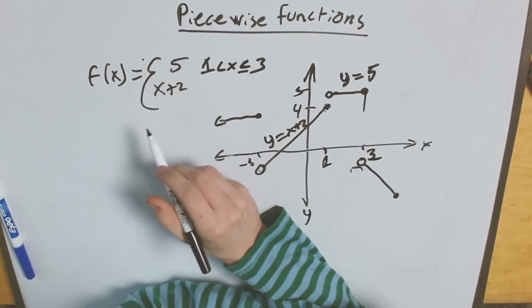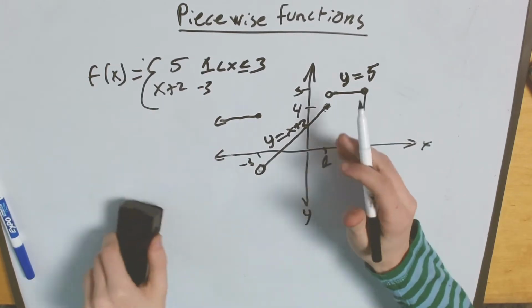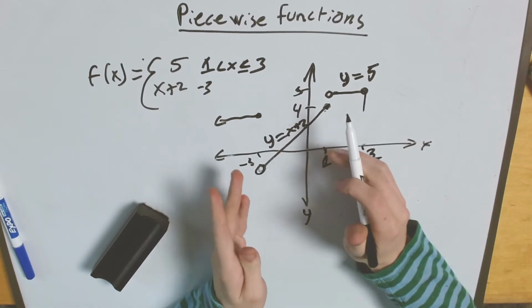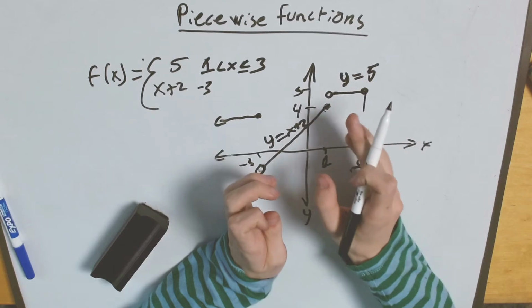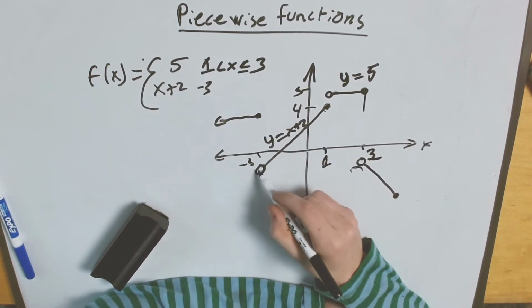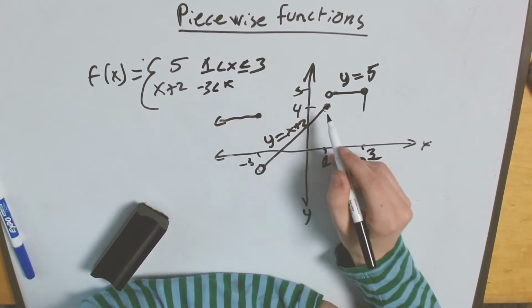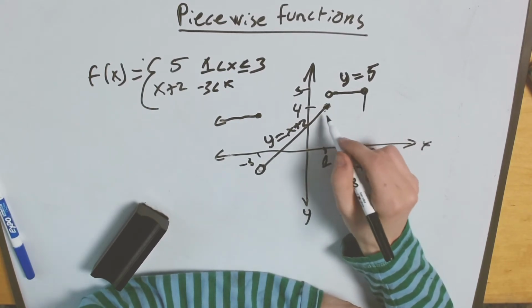So this function is equal to x plus 2, or the broader line x plus 2, when x is greater than -3, but less than or equal to 1. We know that it's not greater than or equal to -3 because this is an open circle, not a closed circle. We know that this is less than or equal to 1 because this is a closed circle at 1.